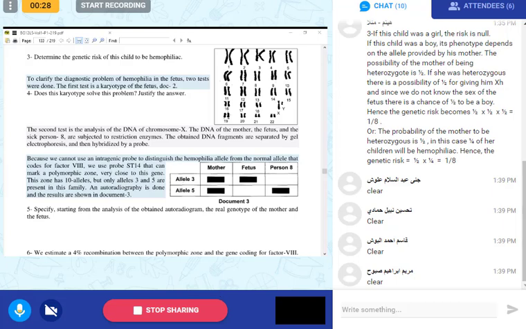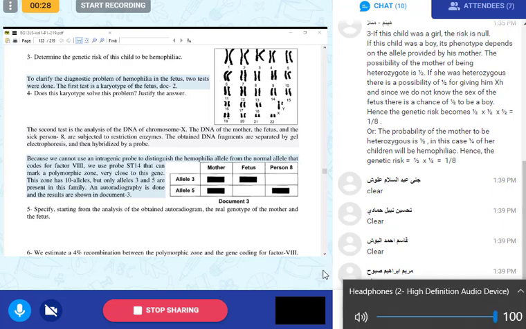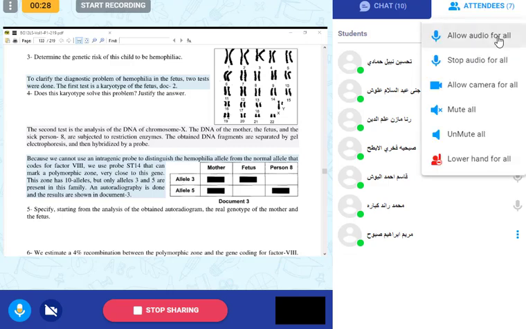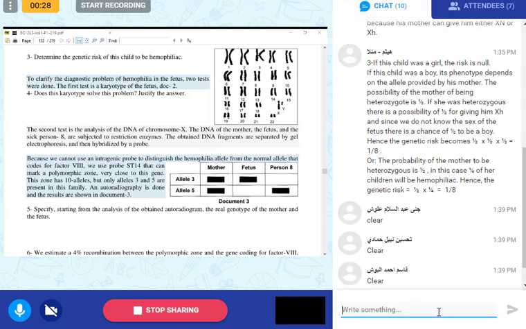Okay, Jana, you hear me? According to the karyotype, the fetus will be a boy or a girl? It says a boy. Since he is a boy, he may be diseased if his mother is heterozygous and gave him the disease. So if the fetus is a girl, we make sure 100% that she is going to be normal.